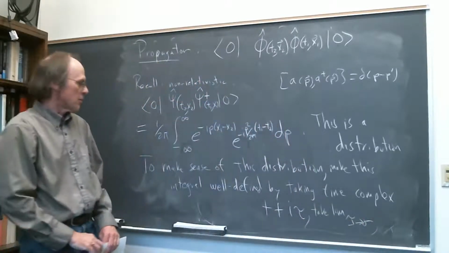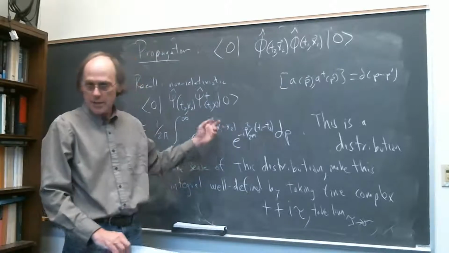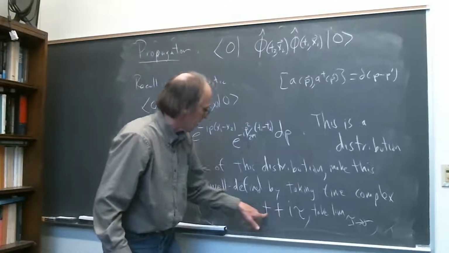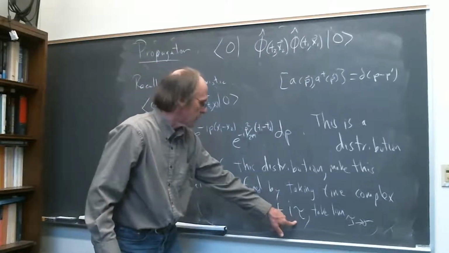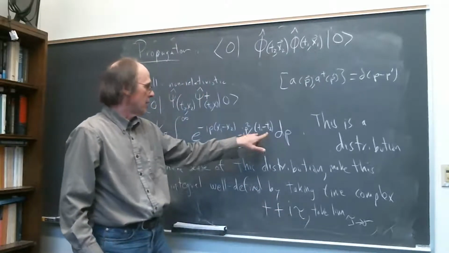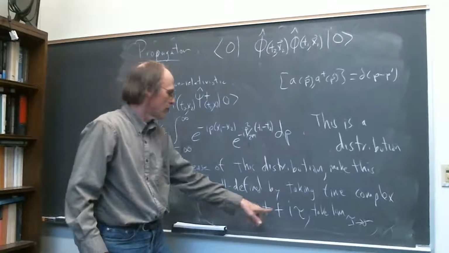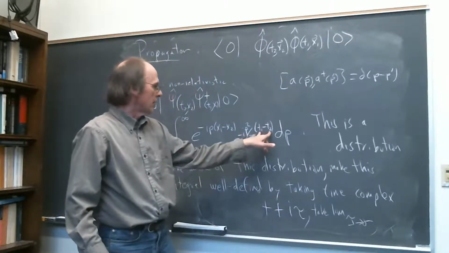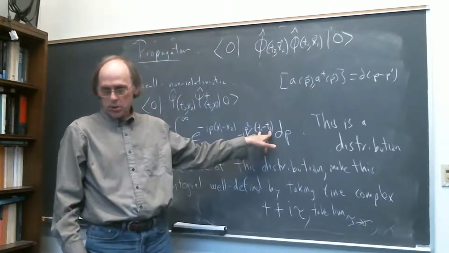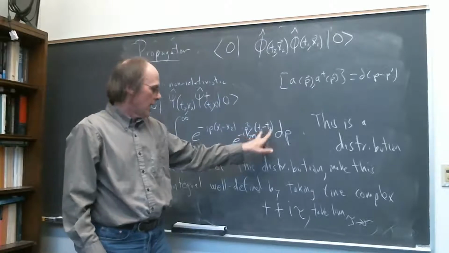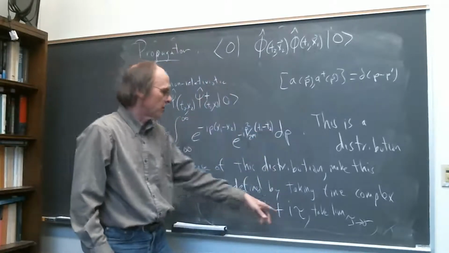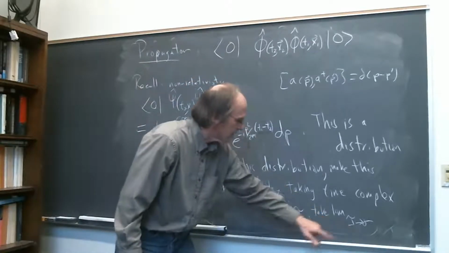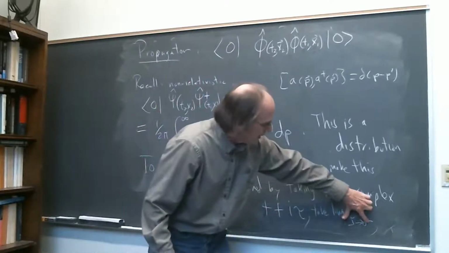So the way this is set up, if I take time plus an imaginary piece, and let this time difference be complex, with a purely imaginary part, now this integral is going to make perfectly good sense for tau less than 0, and then I can take the limit.